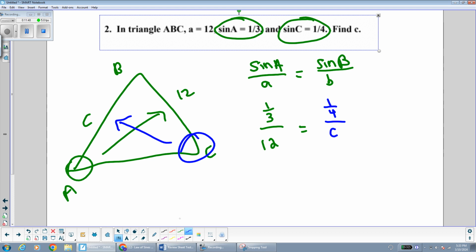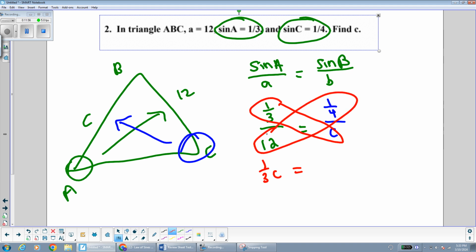So we can cross multiply our proportion and we can solve. So I have 1/3 c is equal to 12 times 1/4, which is 3, because that's 12 divided by 4. And then to get c by itself, I can multiply both sides by 3, because that's the reciprocal of 1/3. It cancels 1/3 out. So I have c is equal to 9. So the side that we're looking for is 9.